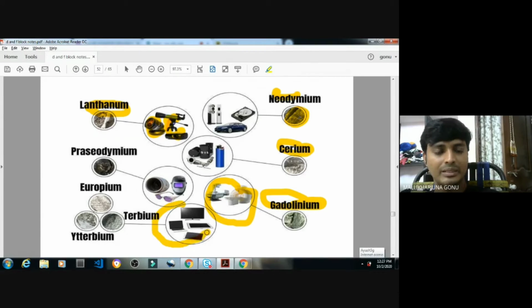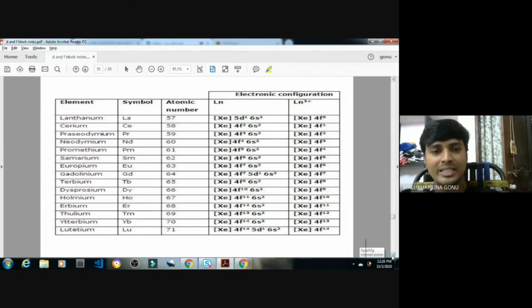Terbium is used to prepare desktops, mobiles, in the preparation of the screens. In lenses and specs preparation, europium is used. Like that, in everyday life we are using so many lanthanides and actinides.